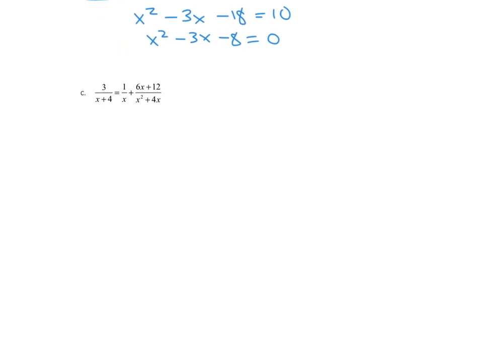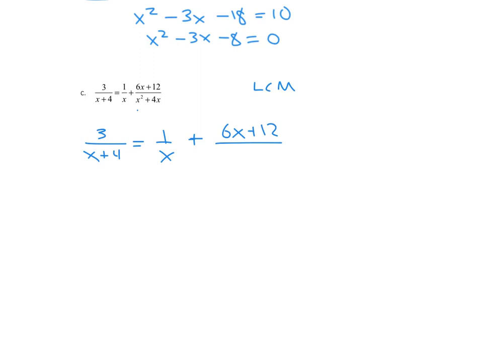And in this one, the least common multiple is a little bit harder to find because it's not in factored form. So let's rewrite this totally factored, or at least that x squared plus 4x, we should factor that. I'm just going to do it right below, and well, I'll rewrite it. 3 over x plus 4 equals 1 over x plus, I'm going to leave the 6x plus 12.